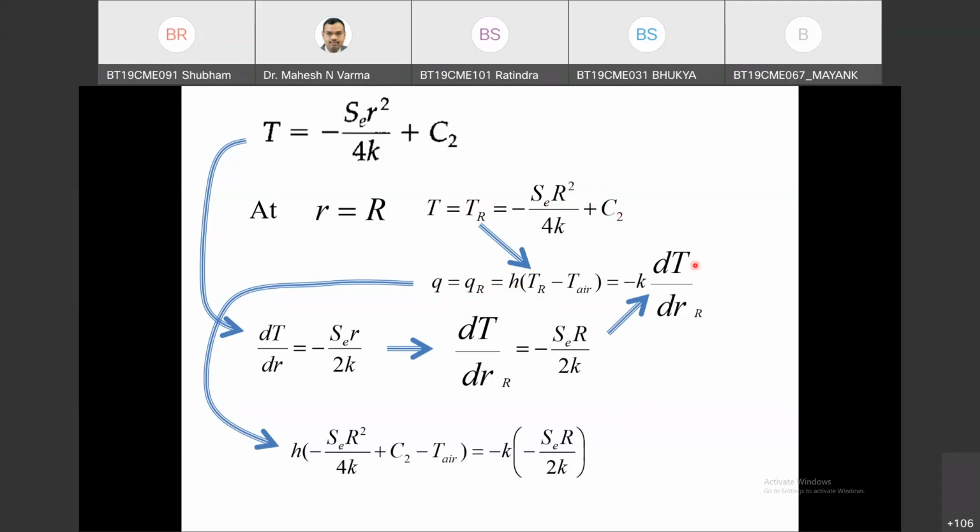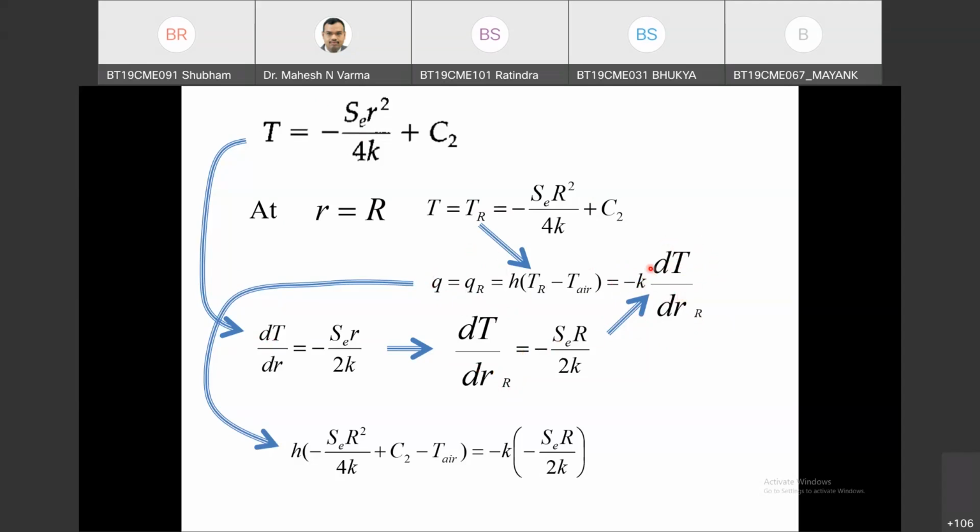Now flux at the surface can be estimated using this equation and Fourier law of heat conduction. This is Fourier law of heat conduction estimated at R. So using this equation, I can get the dT/dr estimated at the surface, and multiplied by thermal conductivity it will give me the flux using Fourier law, and this will be equal to this because this is also the flux at the surface.